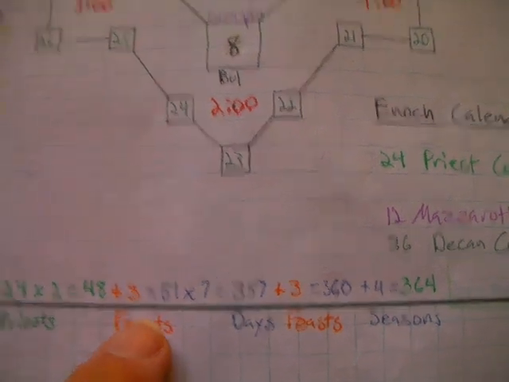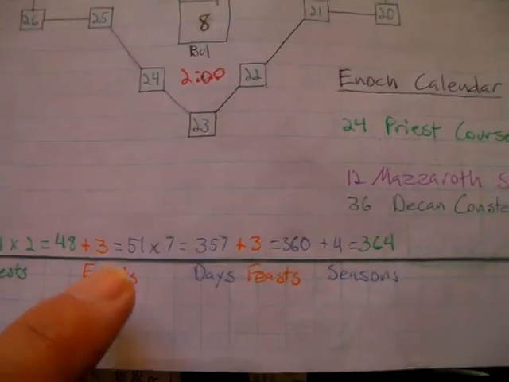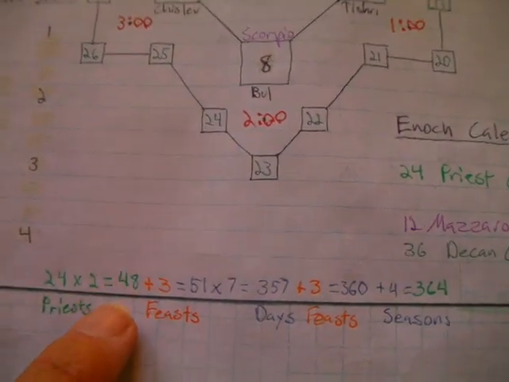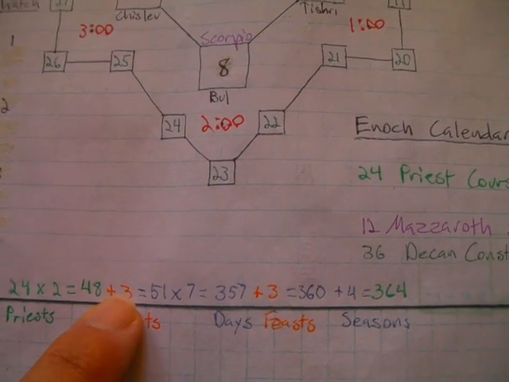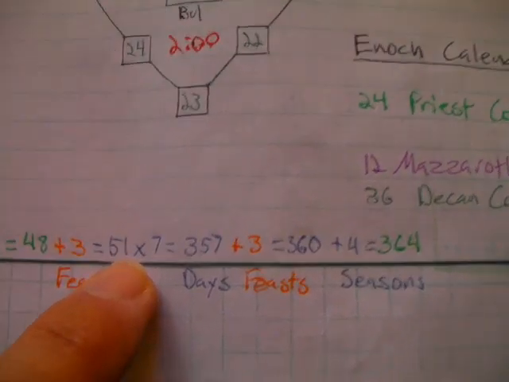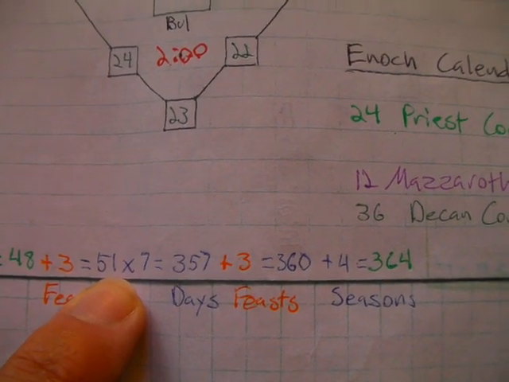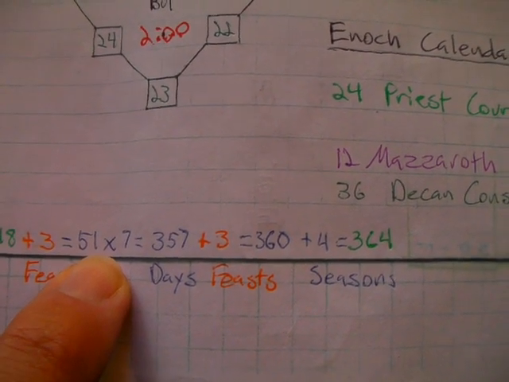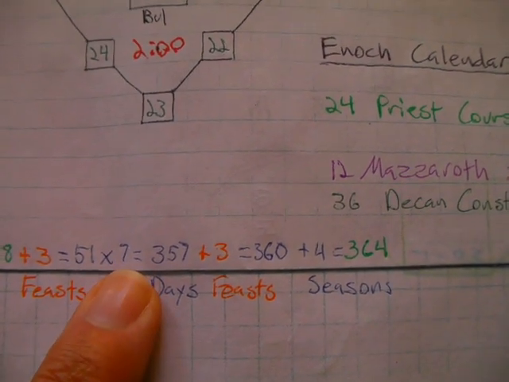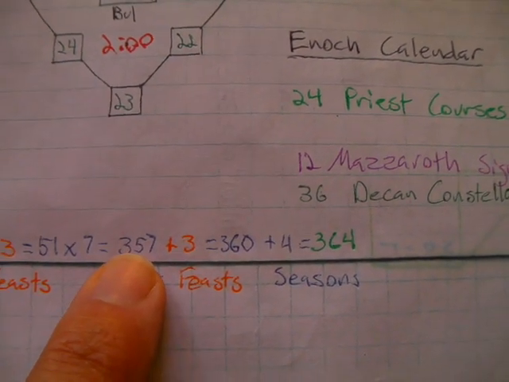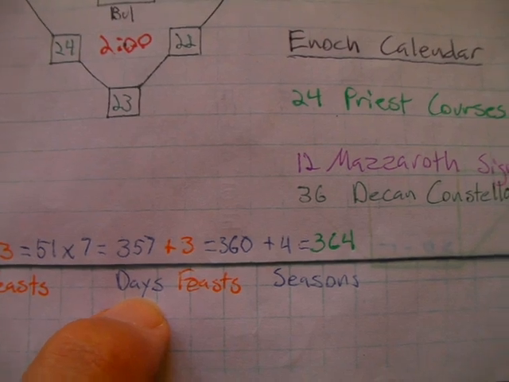Now there are 3 of the Lord's feasts that are a week long. So you have 48 weeks plus 3 weeks of the feast brings us to 51 weeks. Okay, now those are weeks, 51 weeks in the year. And if we multiply those by 7, the number of days in a week, we have 357 days.